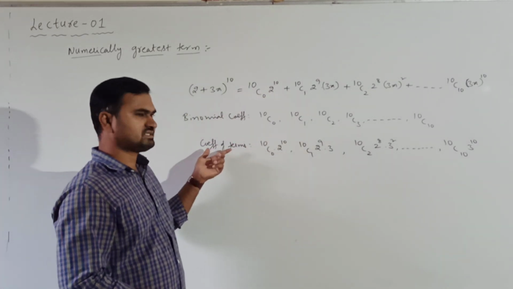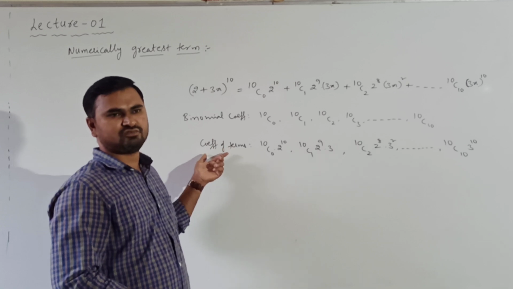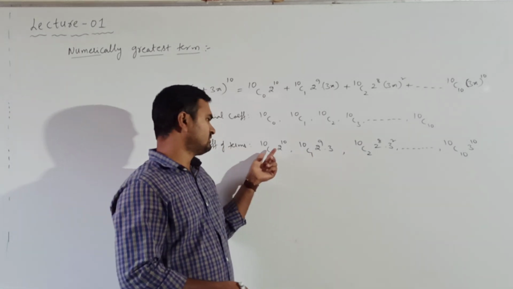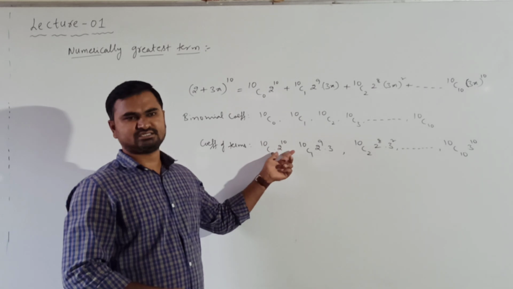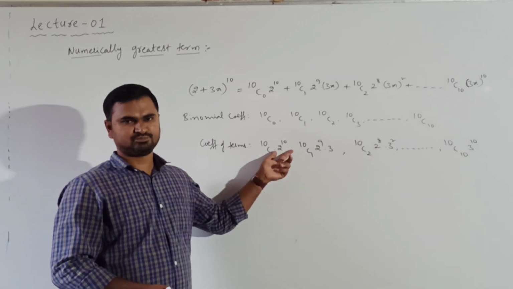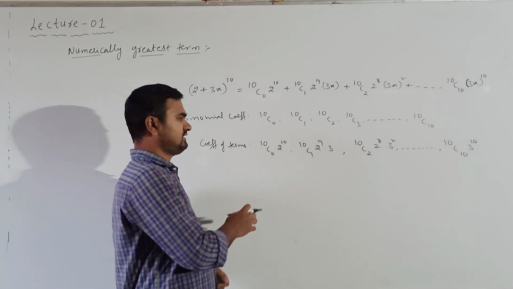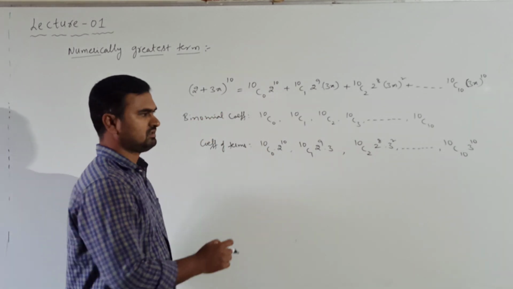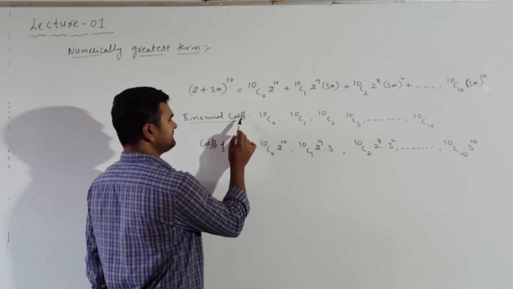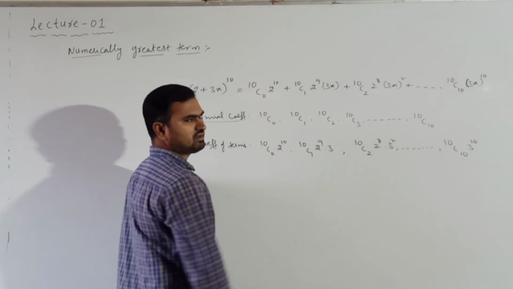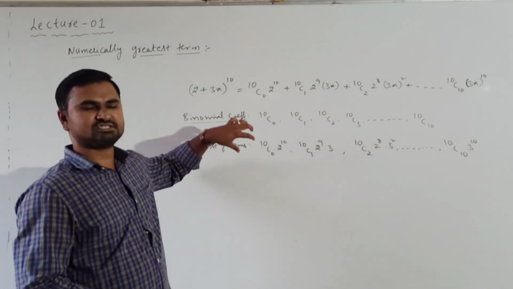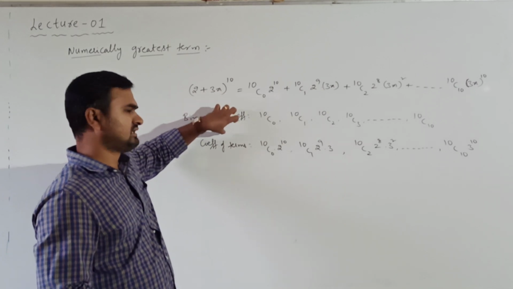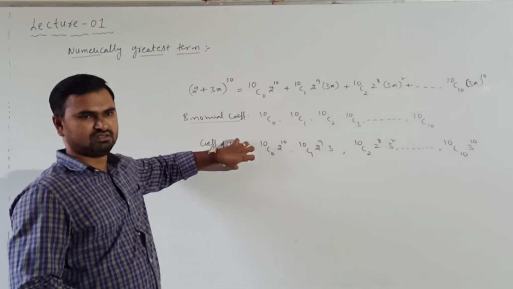So whenever we discuss the coefficient of some term, it includes both the binomial coefficient as well as the constant terms. But in the case of binomial coefficients, we take only the nCr values. So that is the difference between binomial coefficients and the coefficients of the terms.